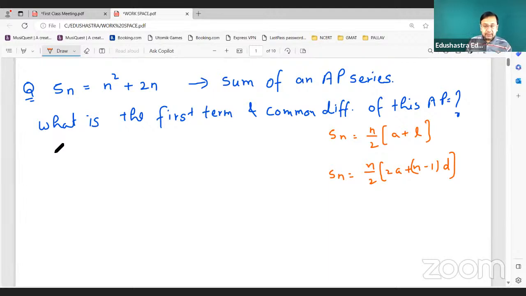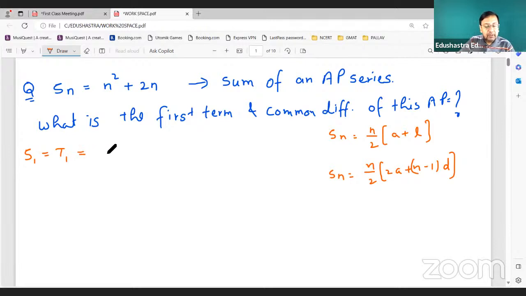Maybe one term. If one term is there, I can calculate the sum of one term, very simple. So if only one term is there, the sum will be equal to the term itself. That is term one. Okay.